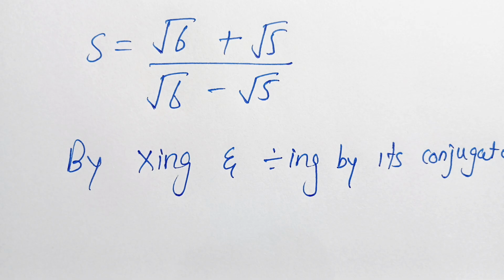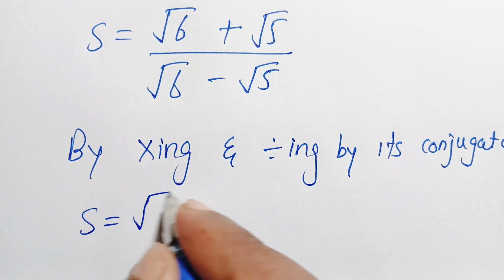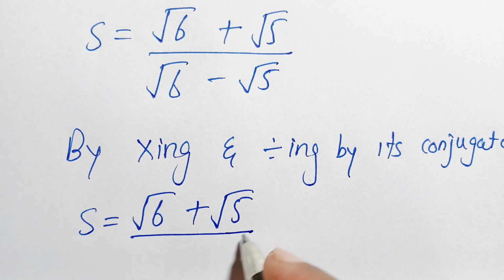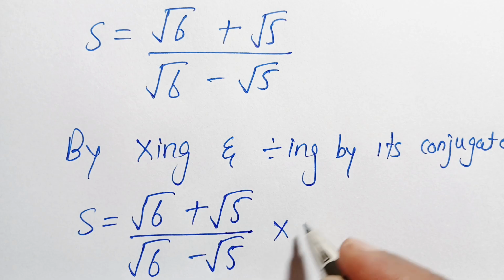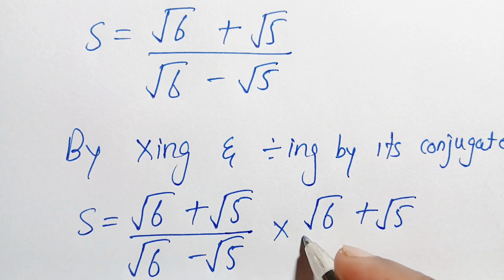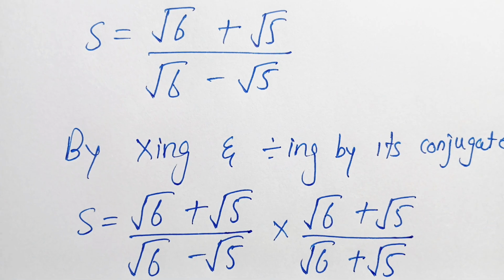So S is equal to (square root 6 plus square root 5) over (square root 6 minus square root 5) into (square root 6 plus square root 5) over (square root 6 plus square root 5).